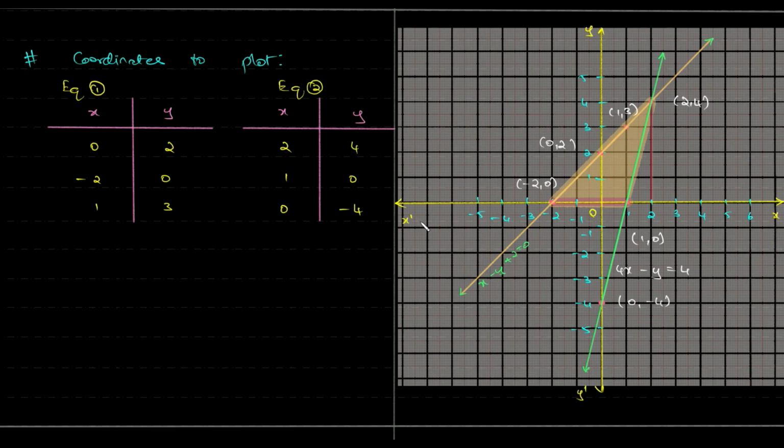This is what I have to figure out. First, the length. What is the length of the base? Length of the base is from 1 to minus 2. So this is 3 units, 3 centimeter long. And in your graph, this would be 0, 1, 2, 3, 4. Obviously, 4 centimeter high.